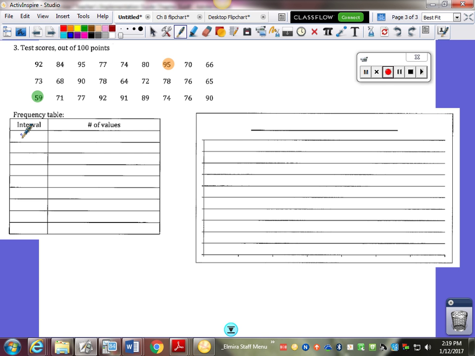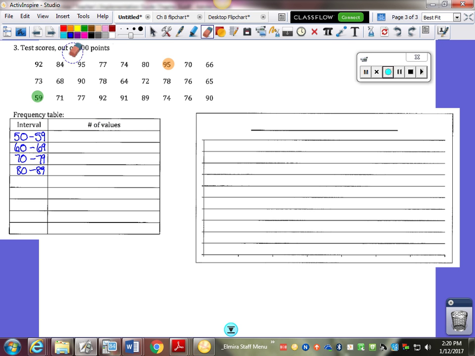I'm not going to end my top interval with 95. We're going to have intervals that start and end reasonably. Now, I could go 50 to 59 and 60 to 69 and 70 to 79, 80 to 89. That's a possibility.